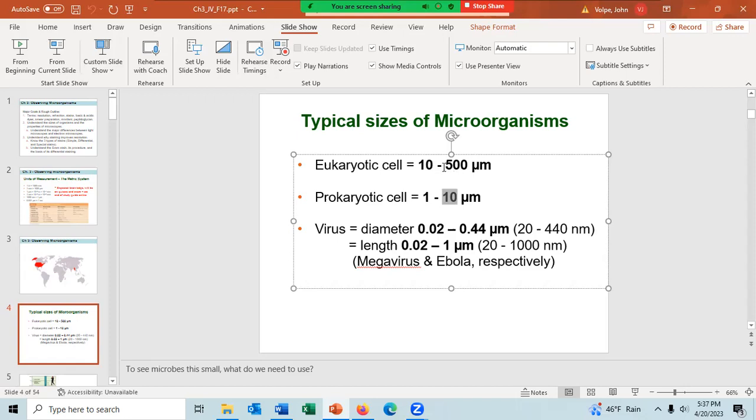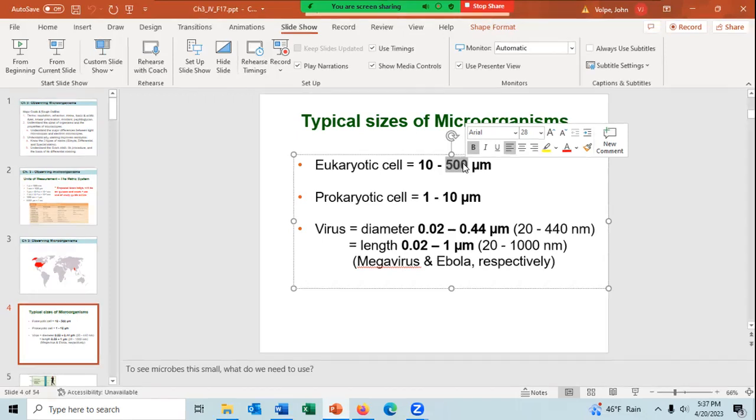And then the upper size varies on eukaryotic cell. The largest eukaryotic cell that you guys have seen, and everybody's seen it, is the yolk of a turkey, not a turkey egg. Sorry, very few of you have seen the yolk of a turkey egg. The yolk of a chicken egg. That is the largest cell that everyone has seen.